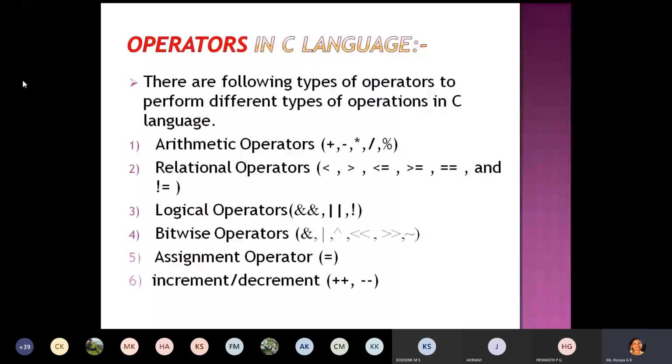Otherwise, output will be false. It will always return a Boolean value, true or false. Then with respect to OR, only when both the operands are false, it is false. Otherwise, it is true. Not operator: if operand is true, then output will be false. If it is false, output will be true. Just vice versa. So that is about logical operator.